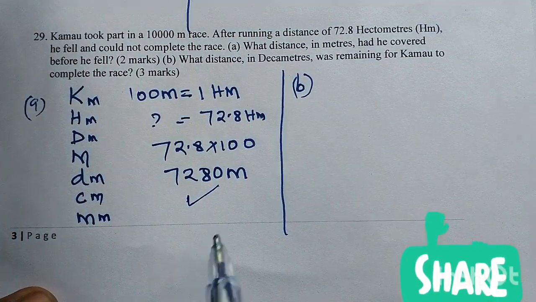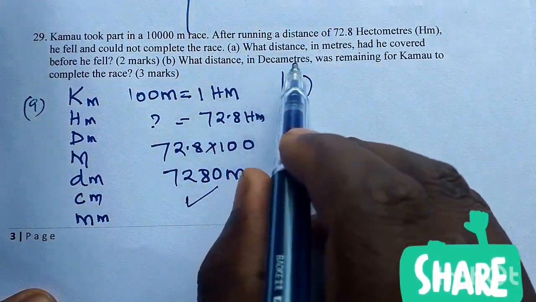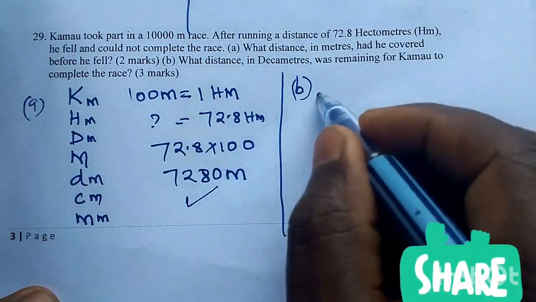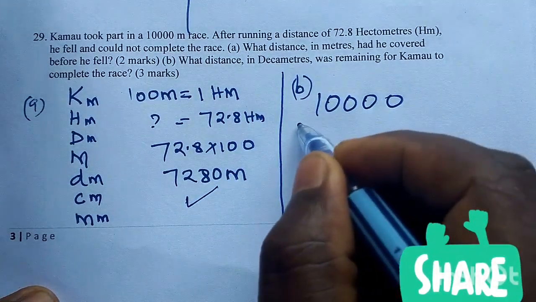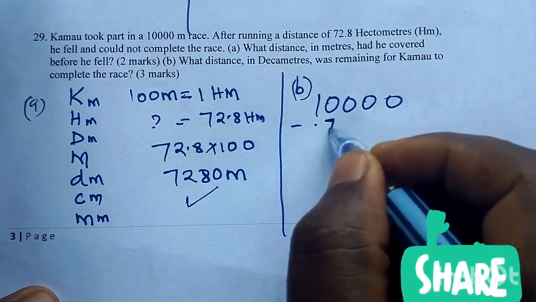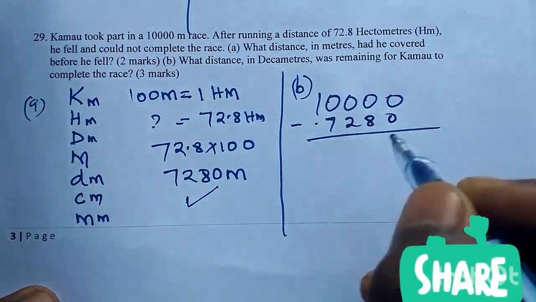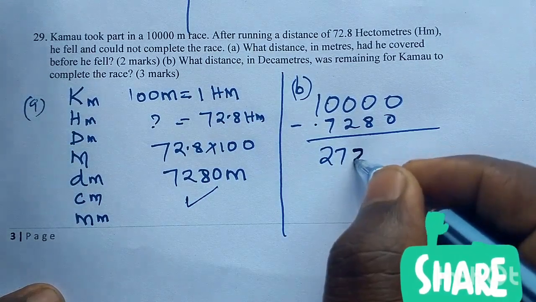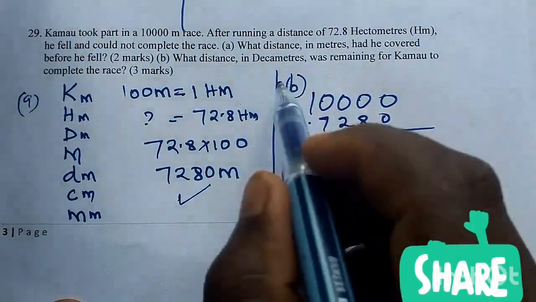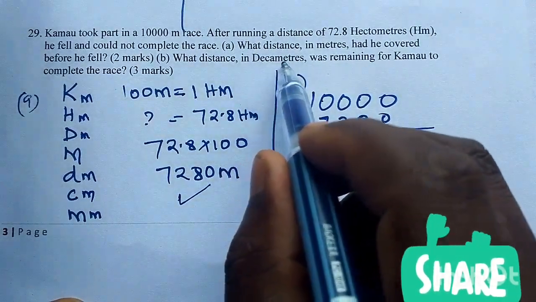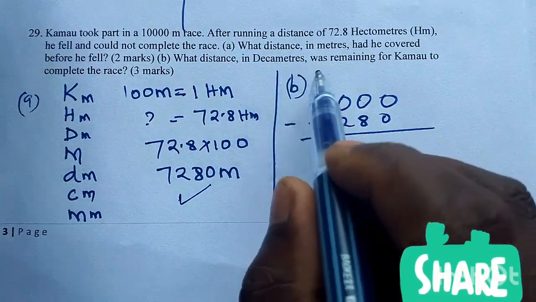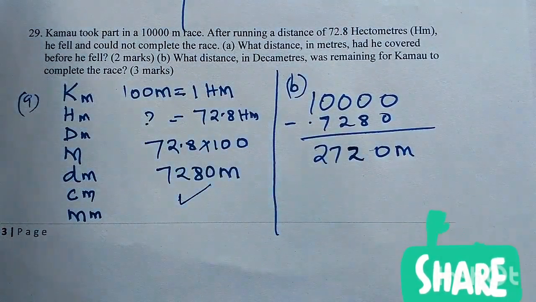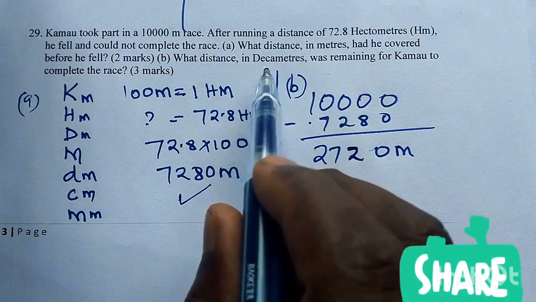B, what distance in decameters was remaining before Kamau completed the race? So let's see what is remaining. The total was 10,000. Subtract 7,280. He remained with 2,720 meters. But we have been told this is in decameters.